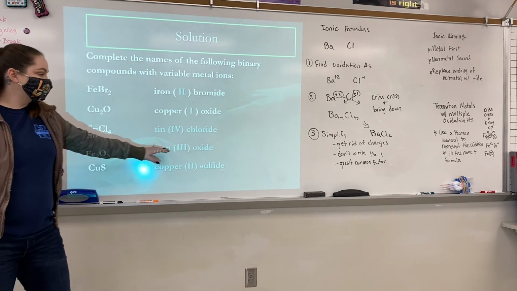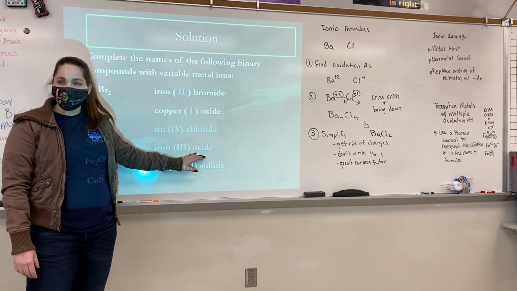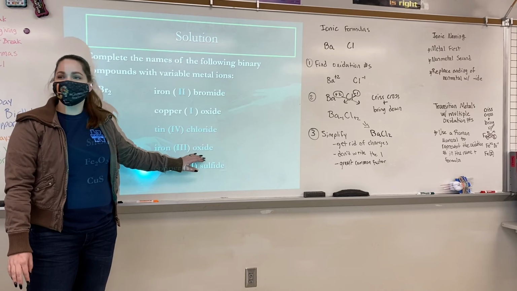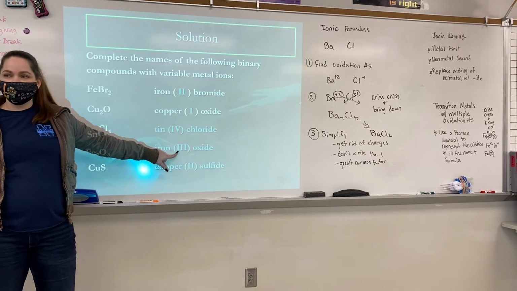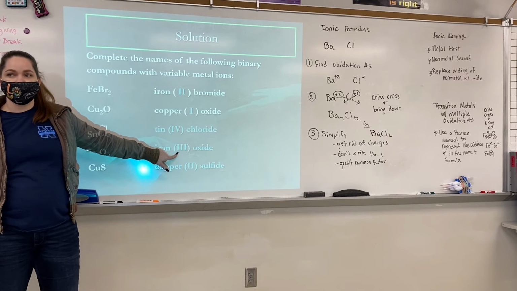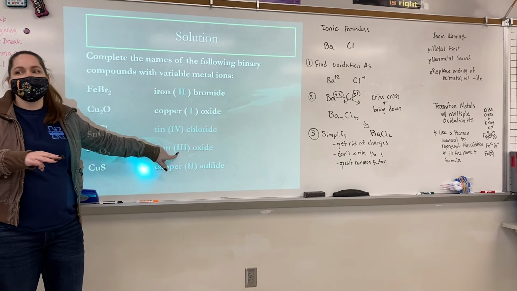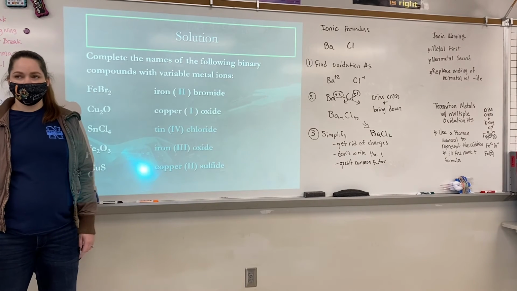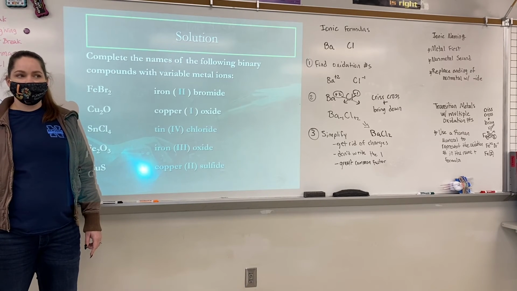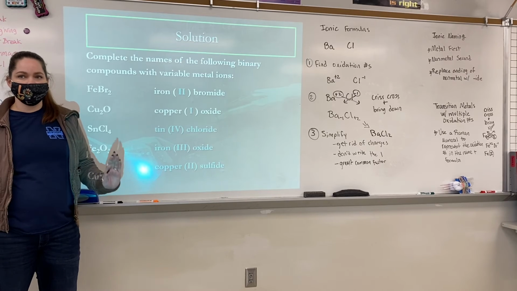Yes, oxygen does have an oxidation number of -2, but it doesn't matter, because it will always be that way. This is the one that's changing. For this example, it's 3. In another example, it could be 2. Any questions about transition metals?